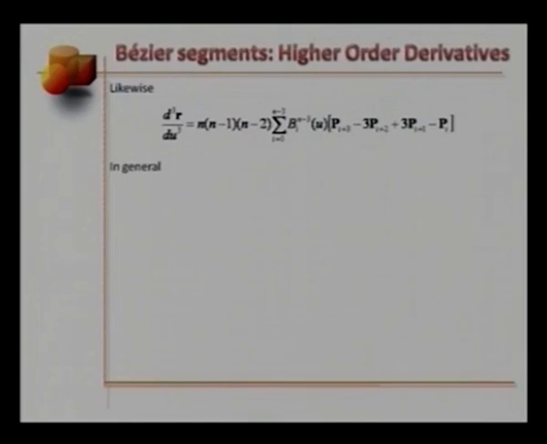We can generalize these results. We can say that the kth derivative of a Bezier segment is given by n times n minus 1 times n minus 2 up till n minus k plus 1 summation i going from 0 to n minus k. What do you expect now?